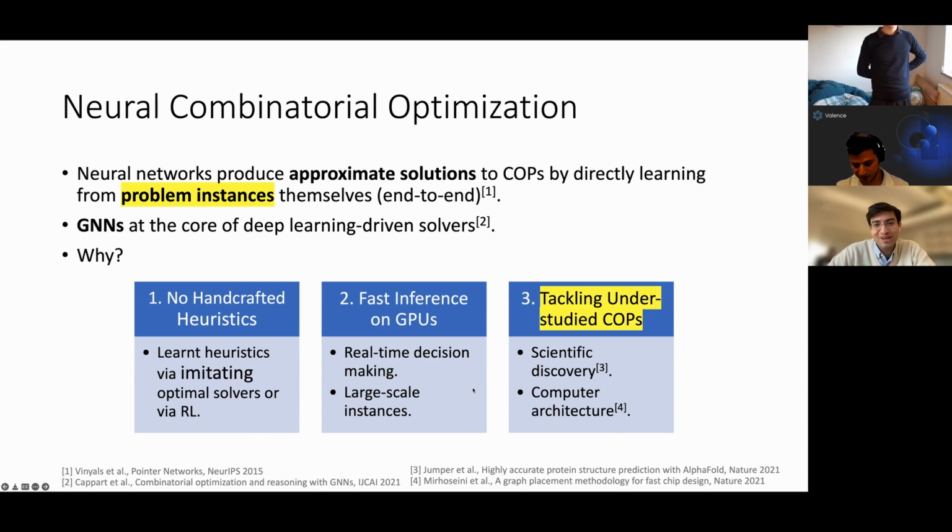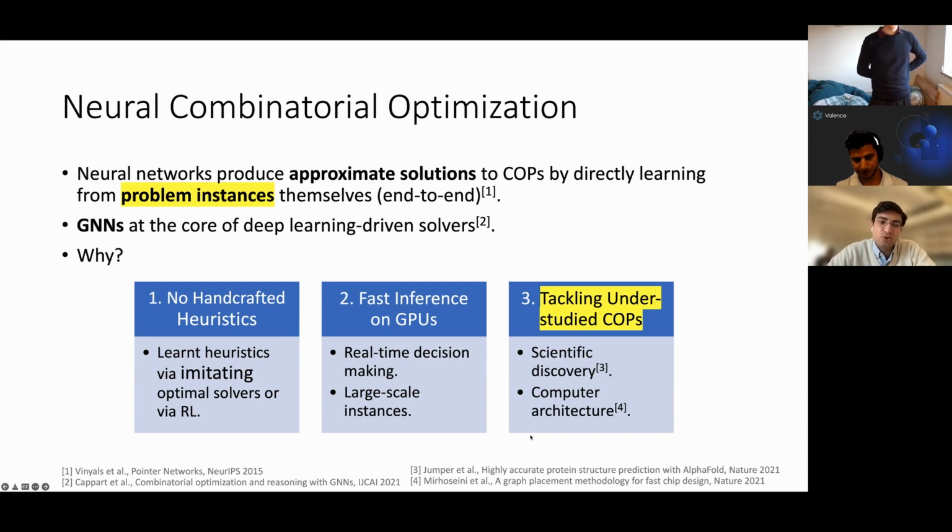Two brilliant examples are these. Protein folding is usually considered an NP-hard problem, and we all know that AlphaFold has shaken the world with so-called solving protein folding. Secondly, computer architecture.